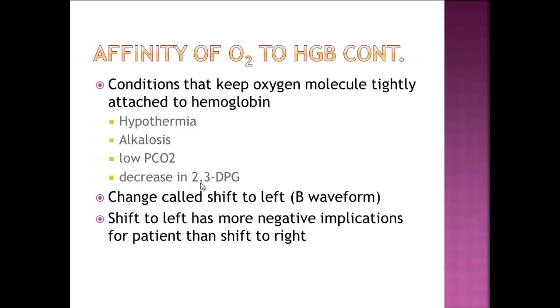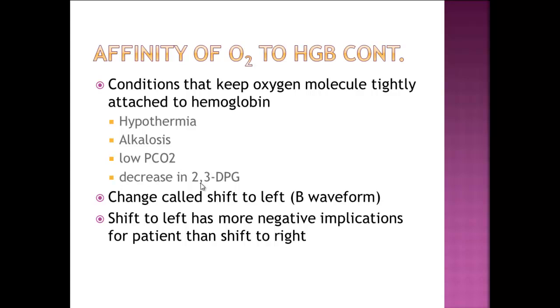On the opposite end of the spectrum, there are conditions that keep that oxygen molecule too tightly attached to the hemoglobin. So while it gets to the tissues, it is not released. Those conditions would be hypothermia, alkalosis, or a low carbon dioxide pressure in the blood, and a decrease in that substance that was part of glucose metabolism.